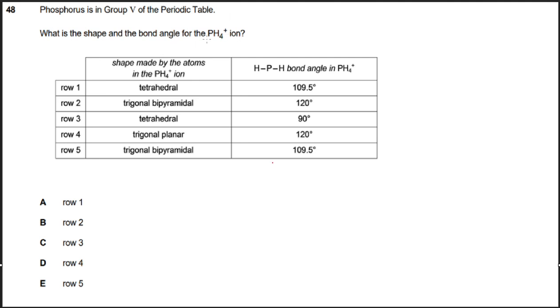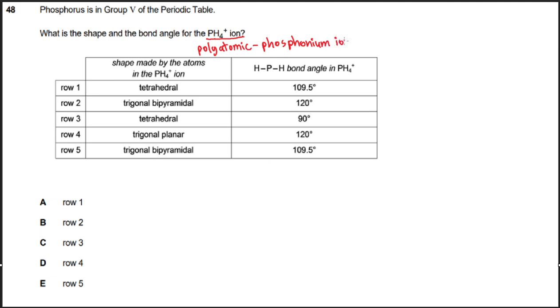So we know that the compound we are given is a polyatomic ion. The actual name of this polyatomic ion is phosphonium ion.